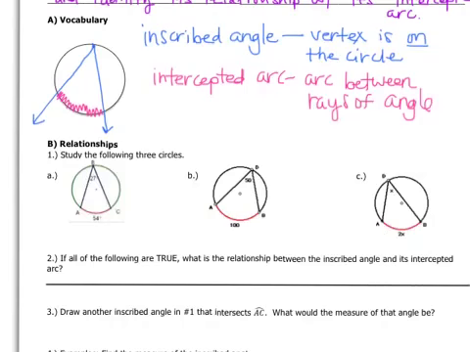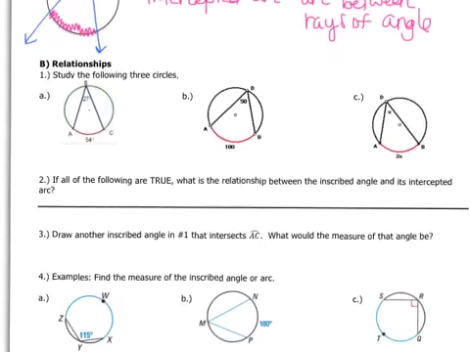So what we need to do is generalize what we're seeing here between the inscribed angle and the intercepted arc. Hopefully you're seeing that the measure of the arc is twice the measure of the angle.